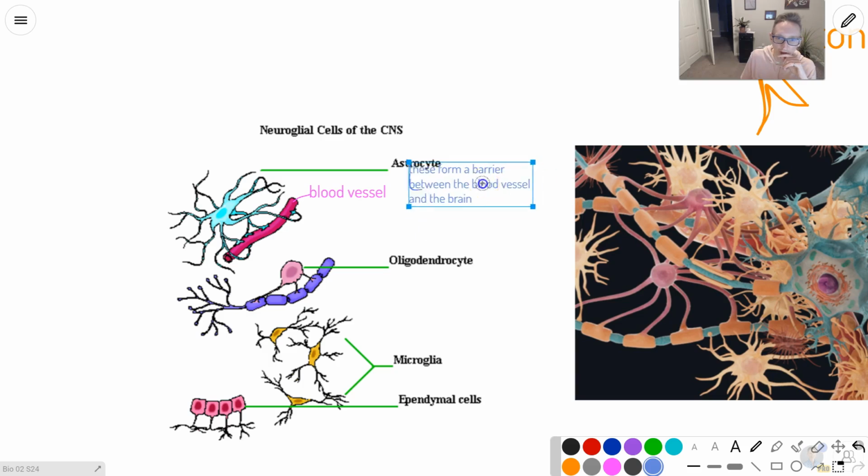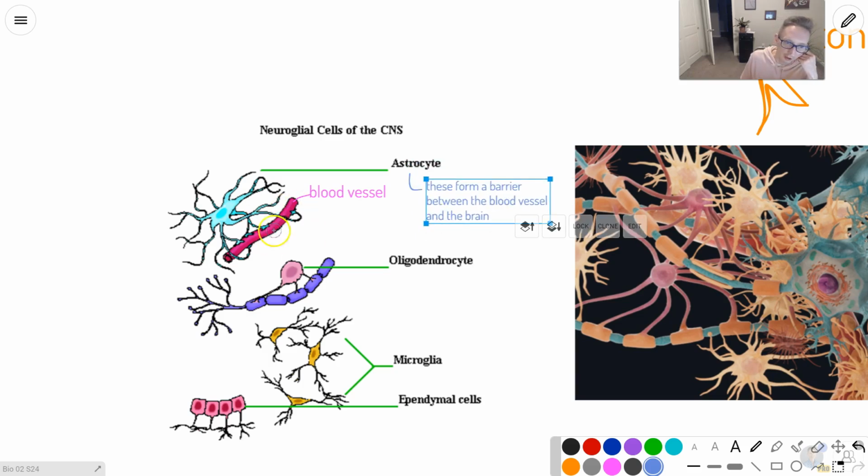You see how there's a bunch of them, and they all wrap around this blood vessel and basically make a little insulative coating, and they only let certain things through. For example, glucose. They don't let bacteria through. If bacteria got in your brain and started eating your brain, you would die. Crazy. So you can thank your astrocytes for protecting your brain from bacteria.